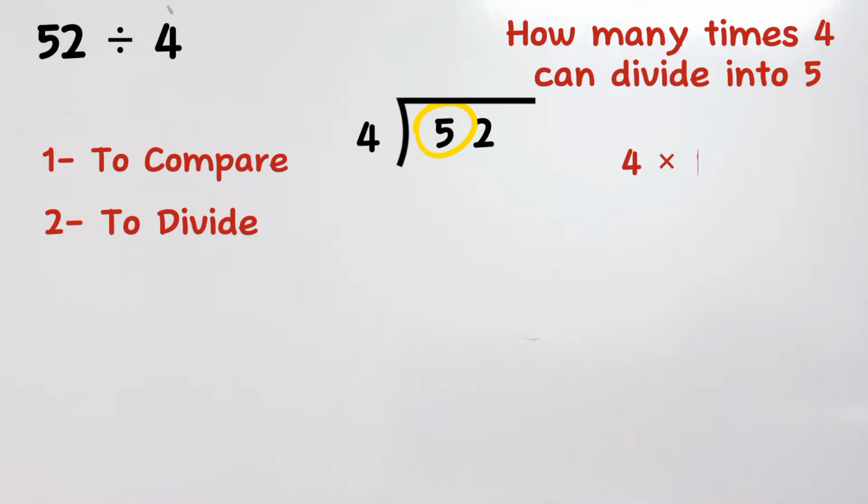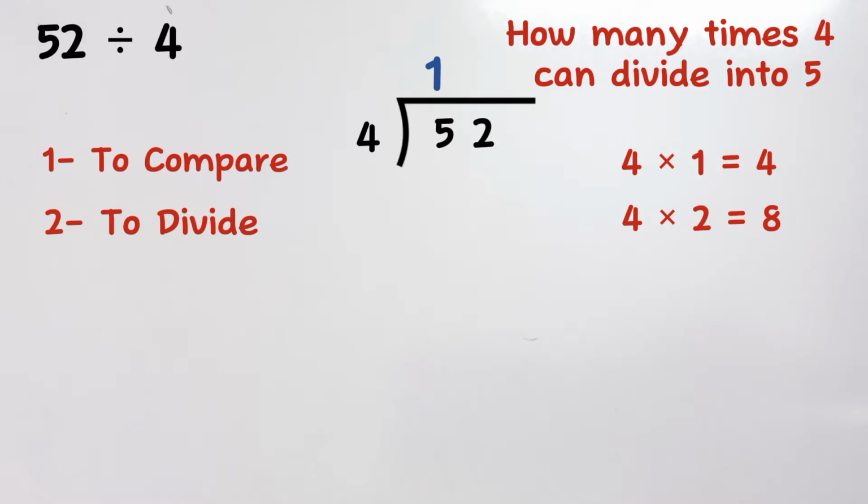Now, 4 times 1 is 4, which is less than 5, and 4 times 2 is 8, which is greater than 5. So, we use 4 times 1 equals 4. We write 1 at the top above the digit 5.